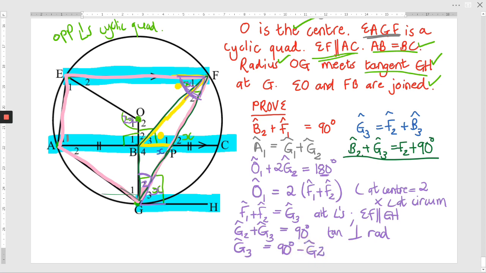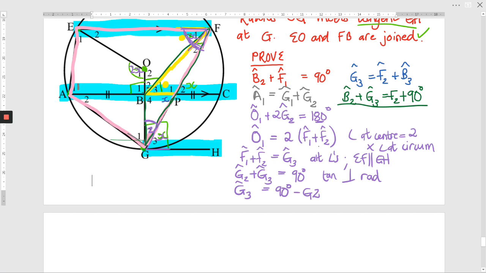Okay, how does that help? Well, here we've got O1 equals 2 of F1 and F2, but they equal G3, right? So therefore O1 equals 2 of G3. Okay, and then I can replace the G3 with a 90 minus G2 over there.